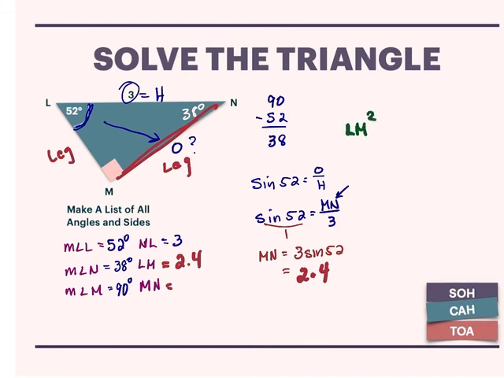LM squared plus the other leg, which I now know, 2.4, squared has to equal the hypotenuse squared. So LM squared plus, let's see what 2.4 squared is, 5.76.